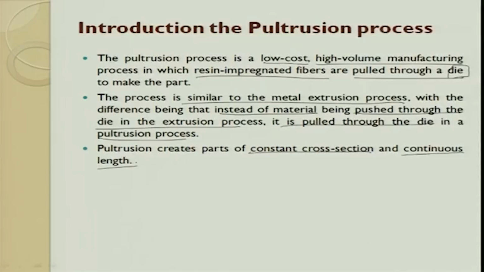This is the gist of the process: you will pull the component out of a die. The cross section will be uniform and it can be long parts. For example, if you want to make a strip cover or a shaft out of thermoset resin with fiber reinforcement, you can do it through this.